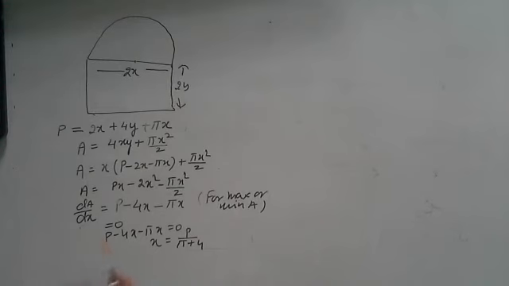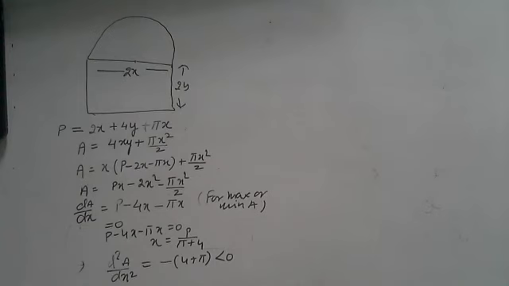So what we do, we simply differentiate it twice, d2A over dx square. When you differentiate it, it gives you 0 minus 4 minus pi. So minus 4 minus pi, which is less than 0. And when the double derivative is less than 0, it is a case of maximum.